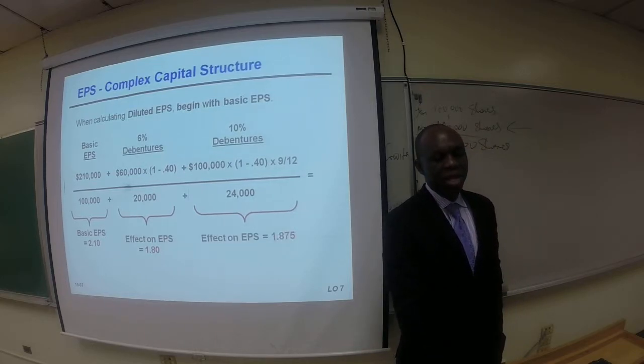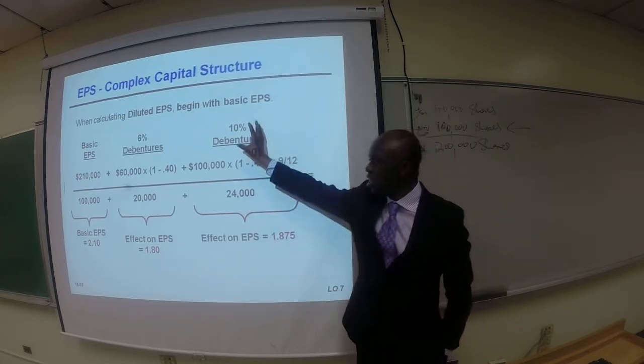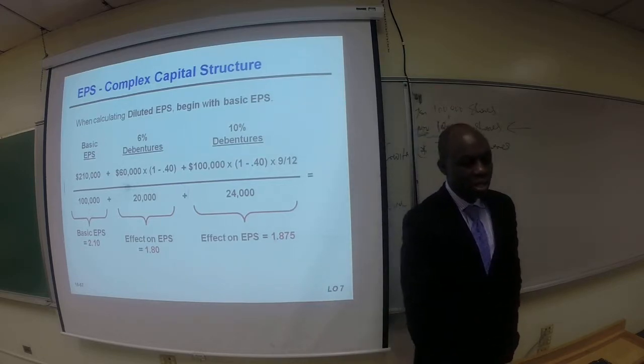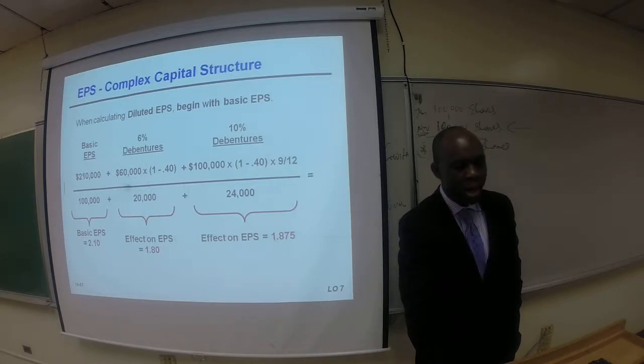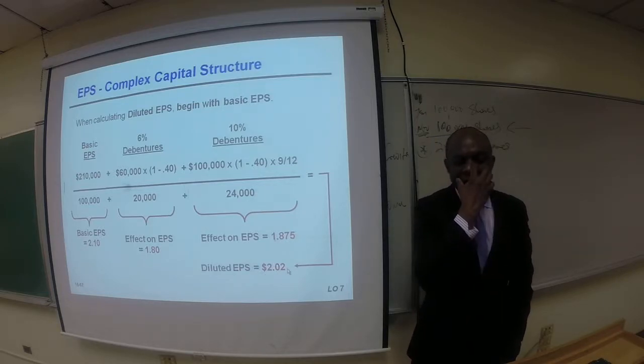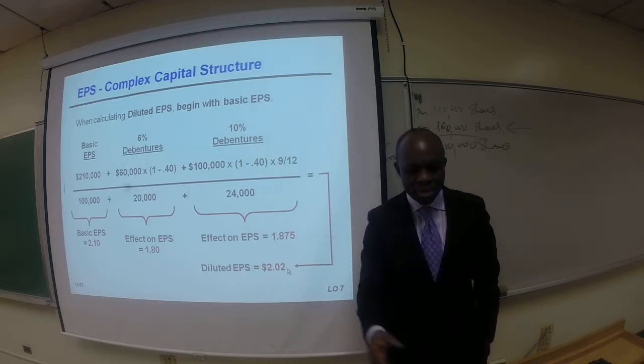The effect of this debenture on EPS is 1.879. But don't let the bottom line confuse you. The most important thing is when you do the math and divide the numerator by the denominator, you will come up with 2.02. So that is the diluted EPS.